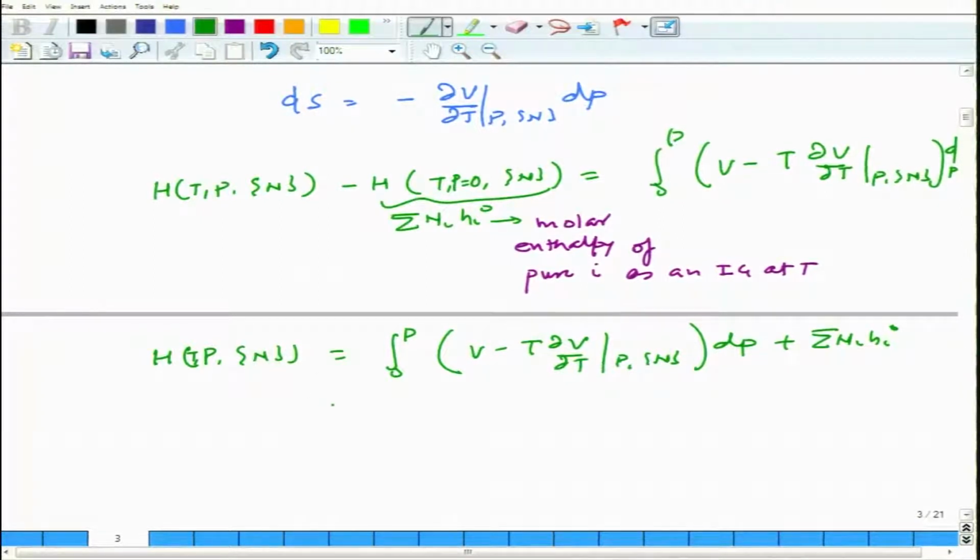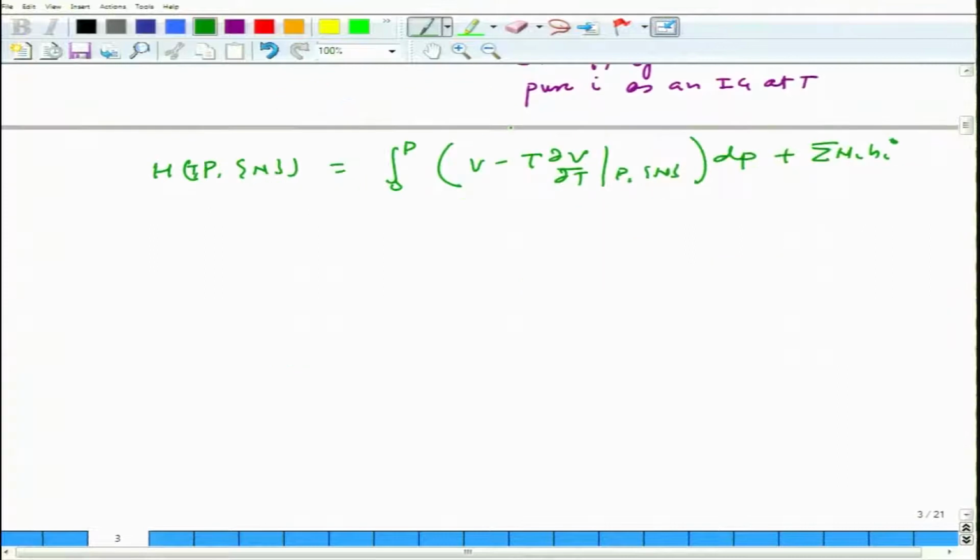Now, similarly, the way we have done for enthalpy, we can also integrate the case for entropy. If we integrate this second expression, which we have written based on the Maxwell relation, we get S at T, P and N minus S at T, P0, where P0 could be close to 0.